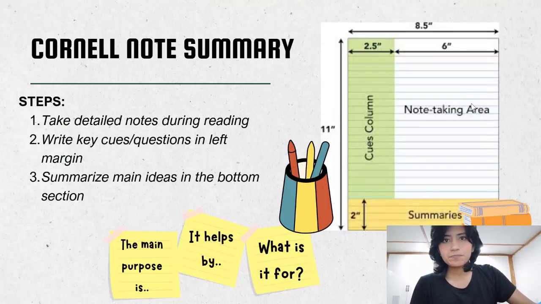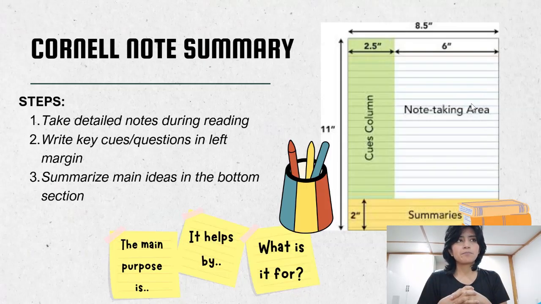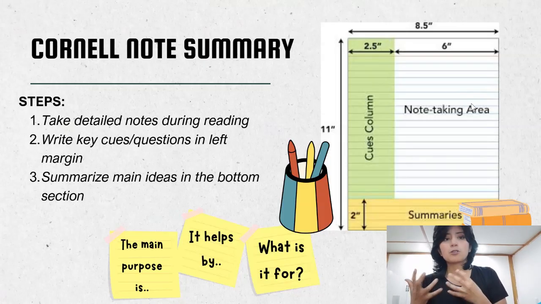Strategy number 2, the Cornell note summary. For this one, it's very important to notice the margins that are on the page over here, because in this method you have to write all the detailed ideas of the reading while you are reading.